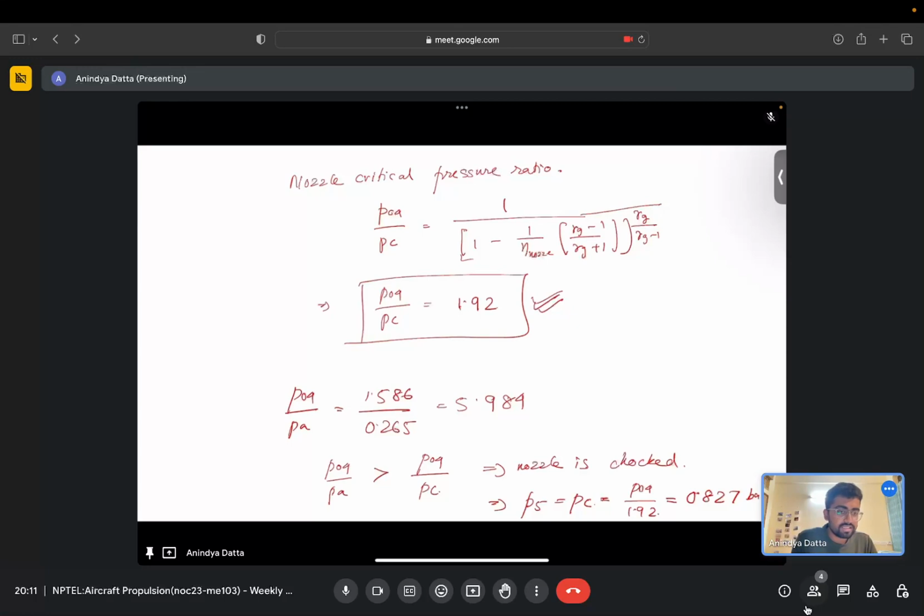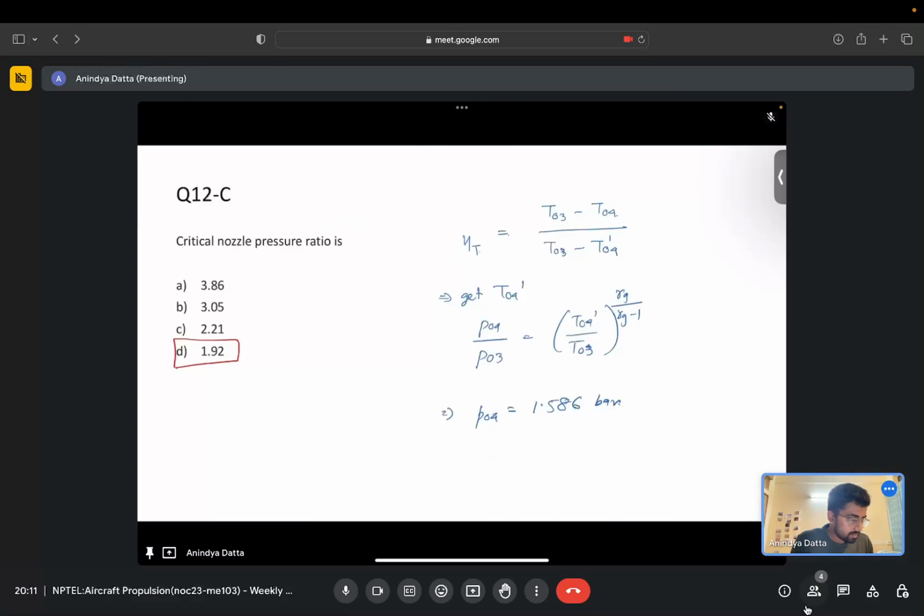There you will need the inlet total pressure and the ambient pressure. From the critical nozzle pressure ratio, we can identify that the nozzle is choked, and that's why the nozzle exit pressure will be equal to the critical pressure. Okay, sir. All right.